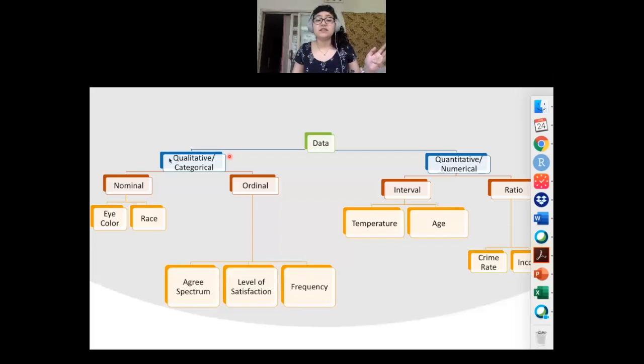And then qualitative variables are more categorical. We create nominal variables. We're creating and constructing attributes. Ordinal are somewhat numeric in that they have a spectrum, but the intervals between them are not necessarily equal.